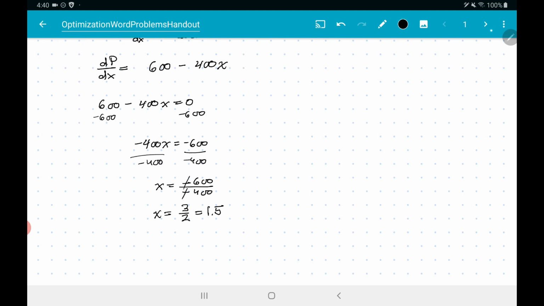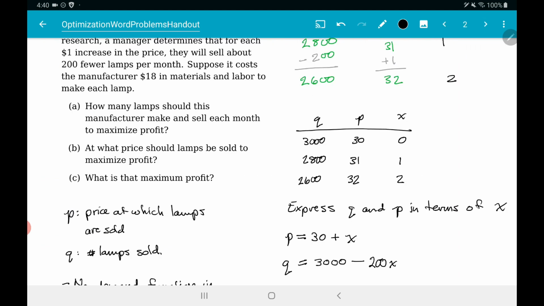Okay, so we found x equals 1.5. What's a little frustrating about this is that 1.5 is not actually the answer to any of the questions we're asked. We aren't going to be making 1.5 lamps each month. The lamps are not going to be sold at $1.50, and the maximum profit is not $1.50.